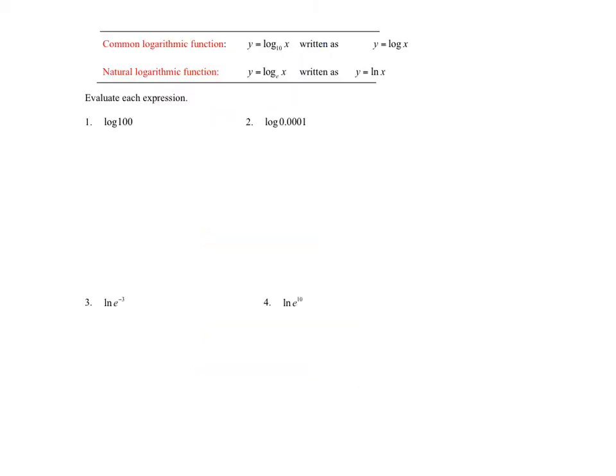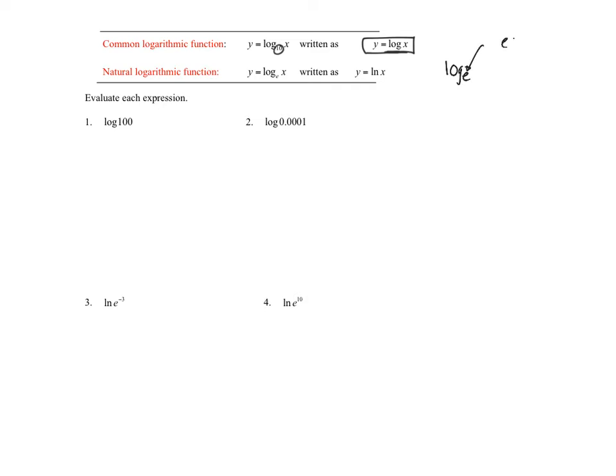There are some logarithms, some bases, that are so common that they have their own notation. So log base 10, we would just write as log. And on your calculator, when you see that notation log, that actually is log base 10. And there's another one that is log base e.